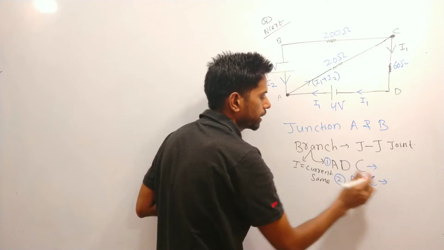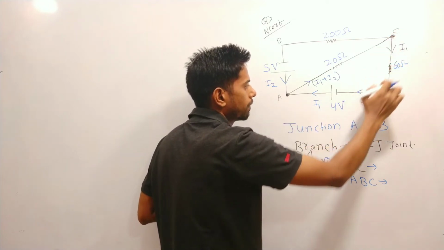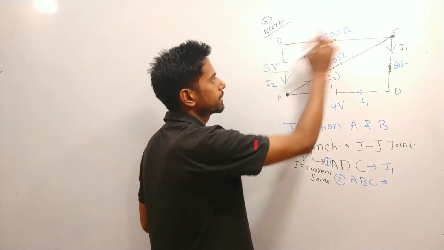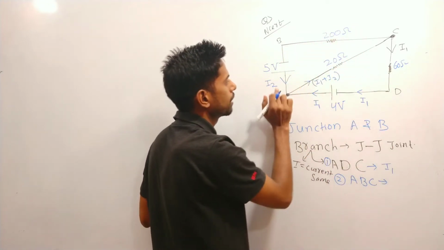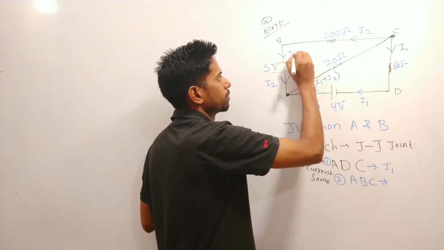Which current is flowing across ADC? I1. And which current is flowing across ABC? That is I2. Here also I2, here also I2.